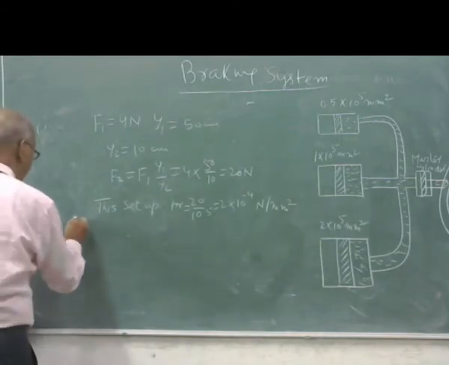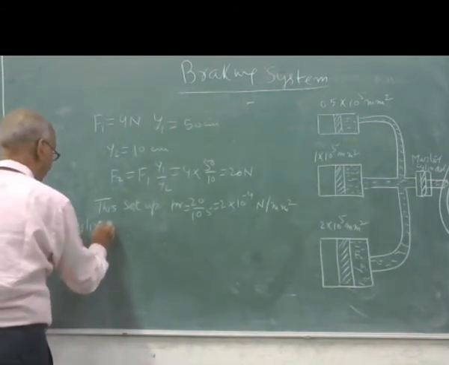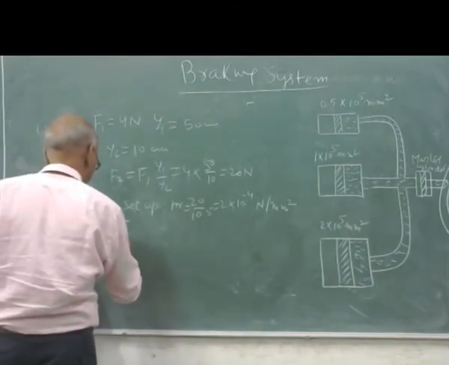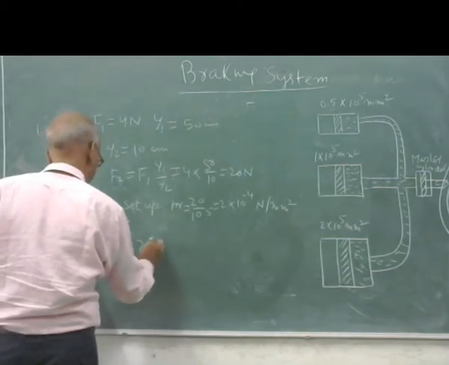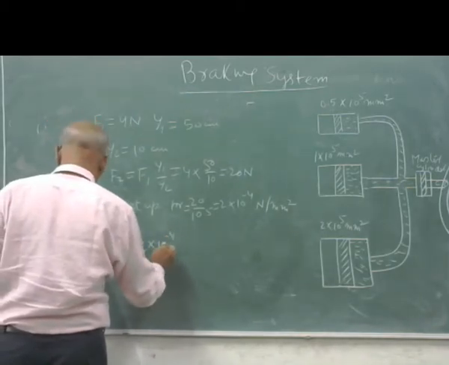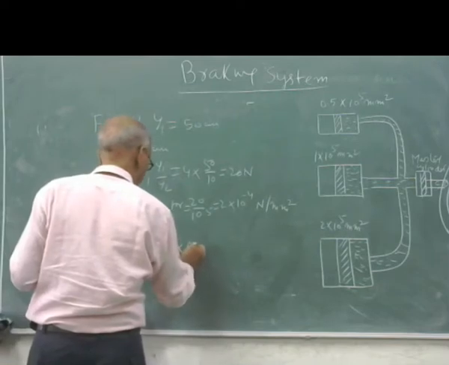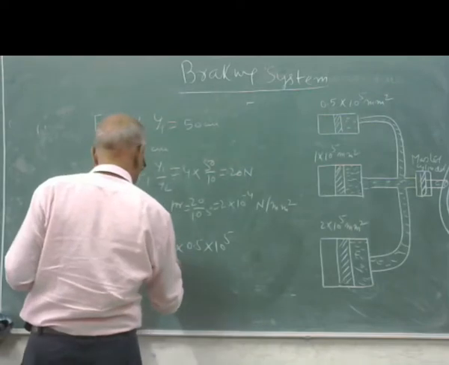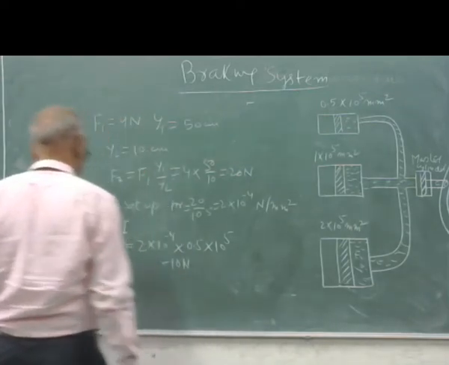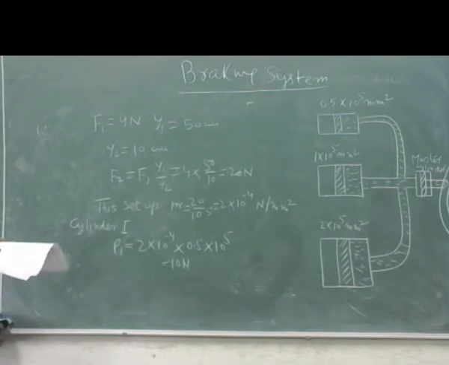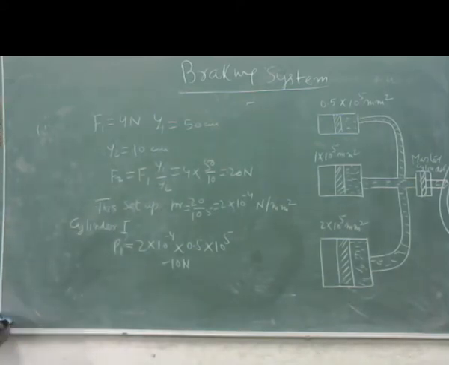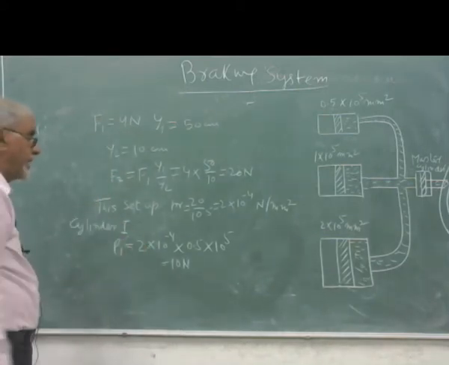Therefore, cylinder 1, P1 is 2 into 10 power minus 4 into 0.5 into 10 power 5, that is 10 Newton for cylinder 1. Okay, 2 into 10 power minus 4, that is the set up pressure, and area is 0.5 into 10 power 5. That total force on the cylinder is 10 Newton.